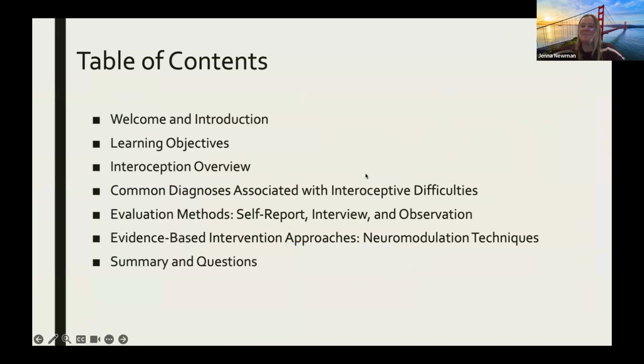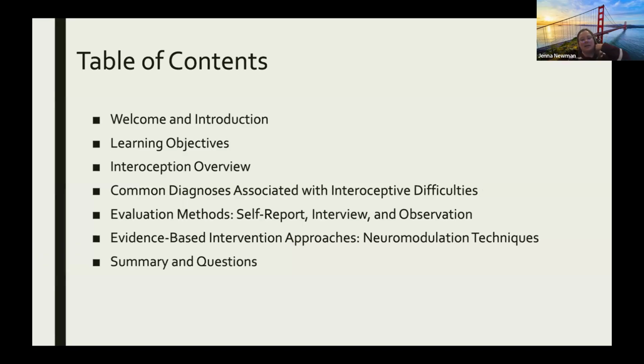So first, I'm going to start by going over the learning objectives and the information I hope that you'll walk away from the presentation having learned: an overview of what interoception is and how it affects us in our daily lives. I'm going to touch on a few of the common diagnoses that are associated with interoceptive difficulties.